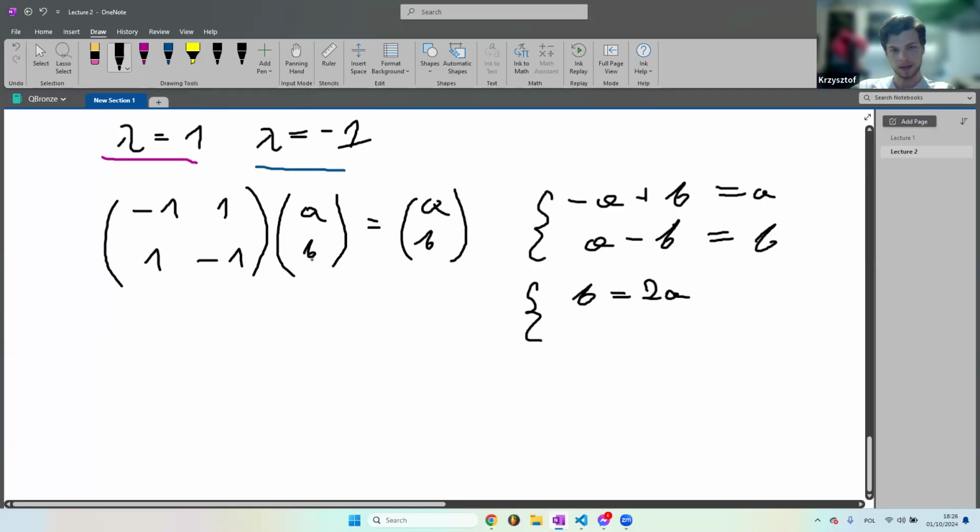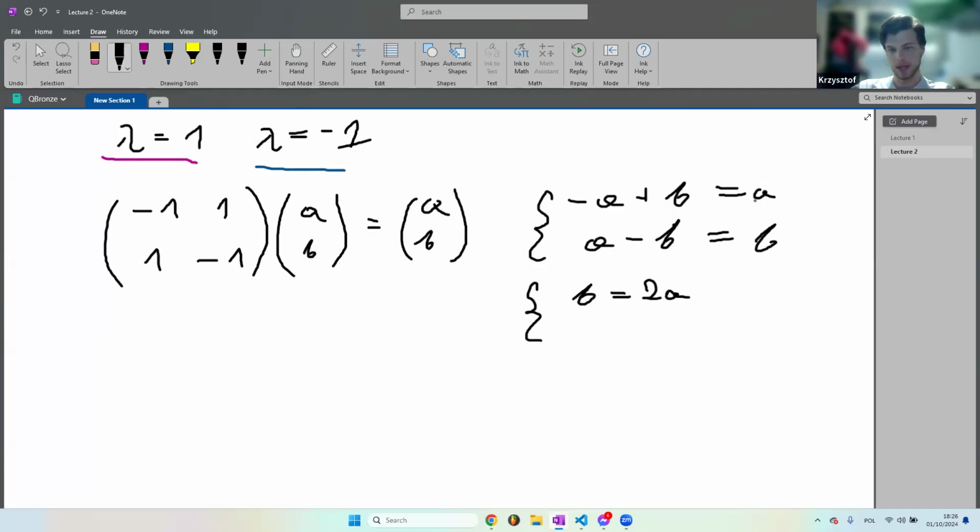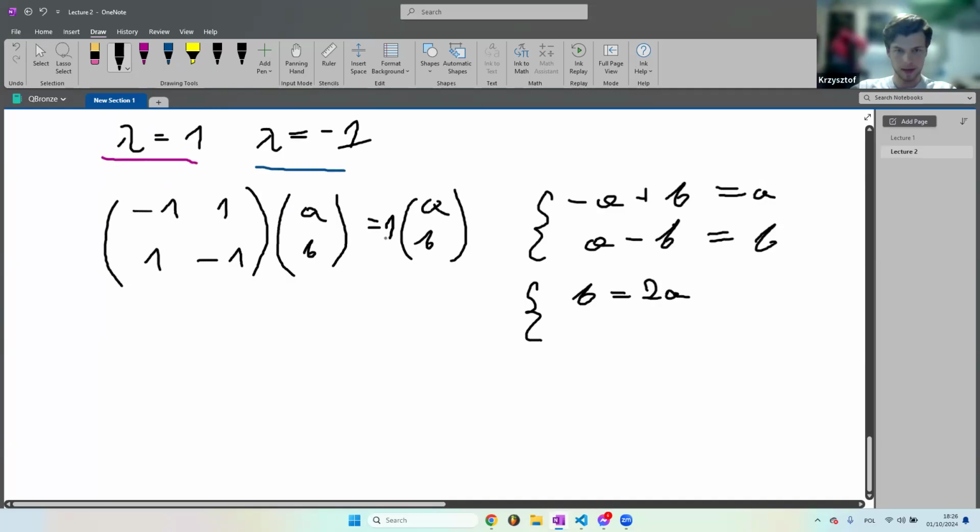Minus A plus B equals A, equals the eigenvalue, of course, so it's 1 times A. And here A minus B equals B. Therefore, from the second equation, we get A minus 2B equals 0, so A equals 2B.